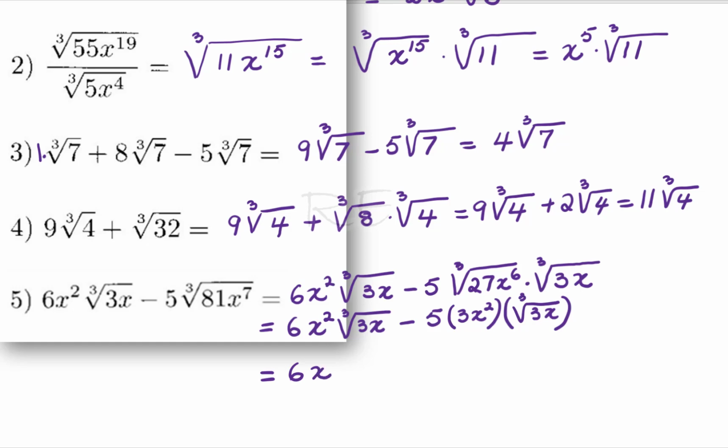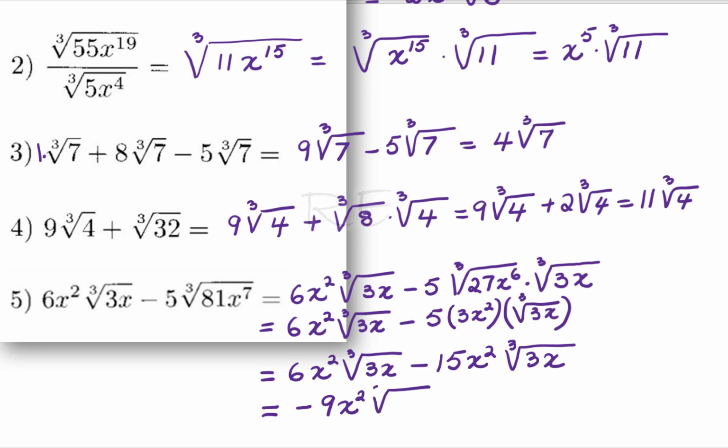So 6x squared cube root of 3x, that's 6 of them, minus 5 times 3, 15, x squared cube root of 3x. You see, 6 of them minus 15 of them. Therefore, 6 minus 15 will be negative 9. Negative 9x squared cube root of 3x.